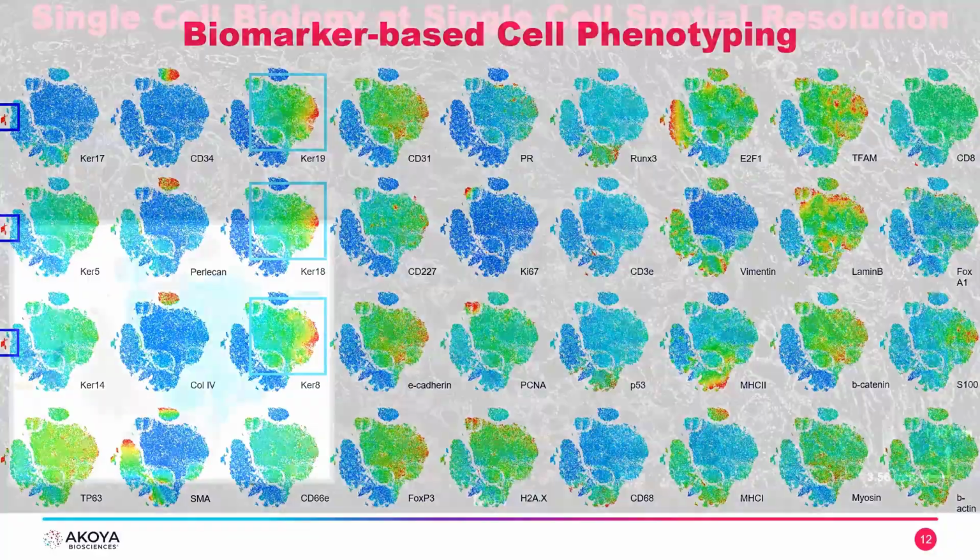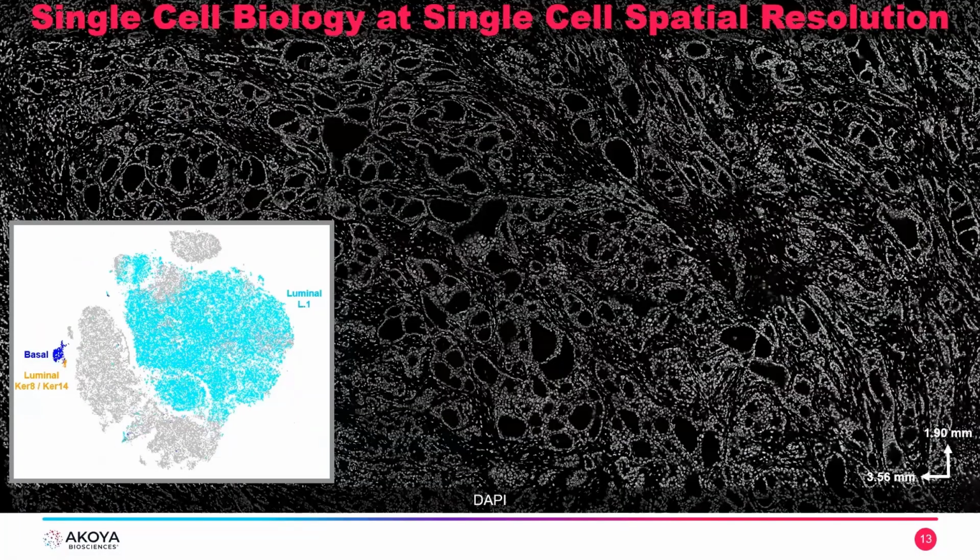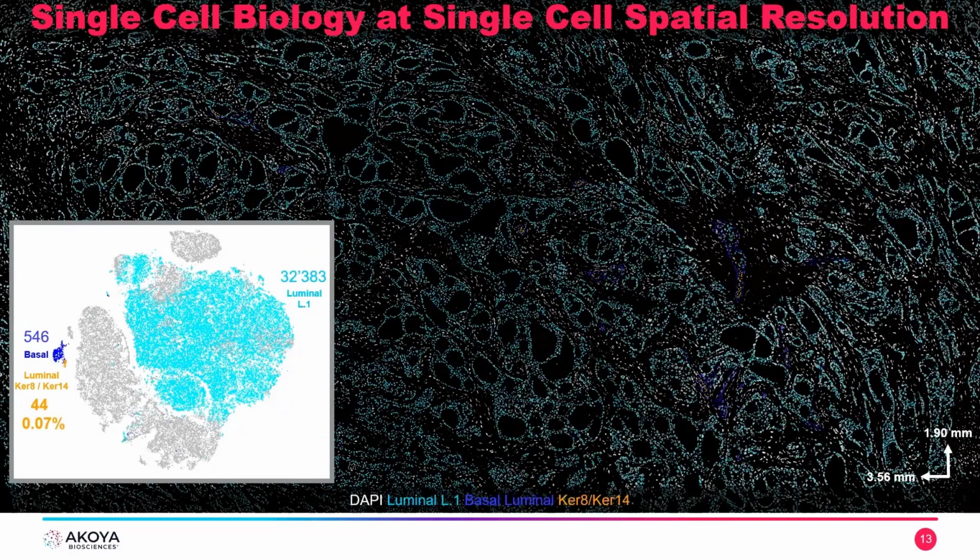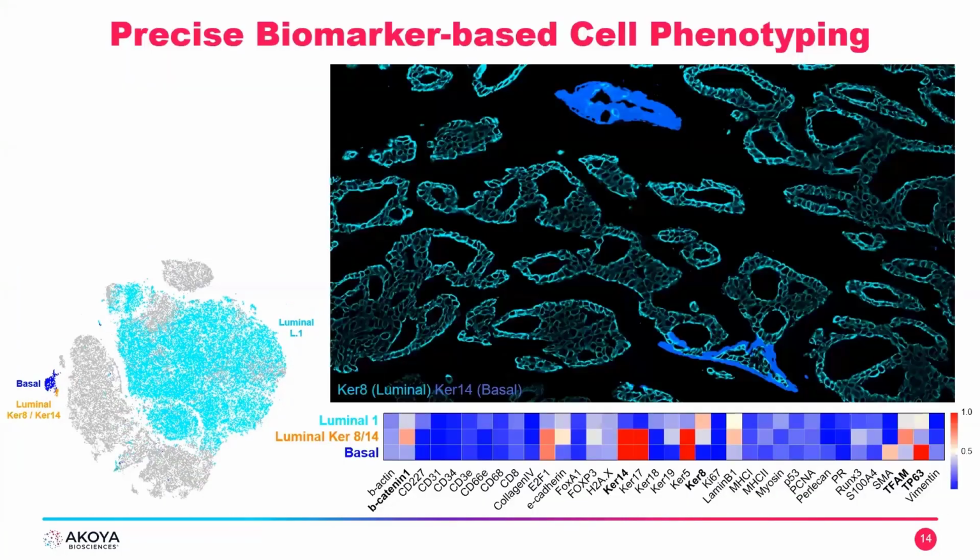And this allows you now to really identify specific cell types. I think this also answers your question. You saw on the t-SNE plot there were about 4 markers that identified these specific cell types. And we could now see you had these luminal cells with keratin 8 and 14 positive, and the basal cells, and they were all in these lumina.